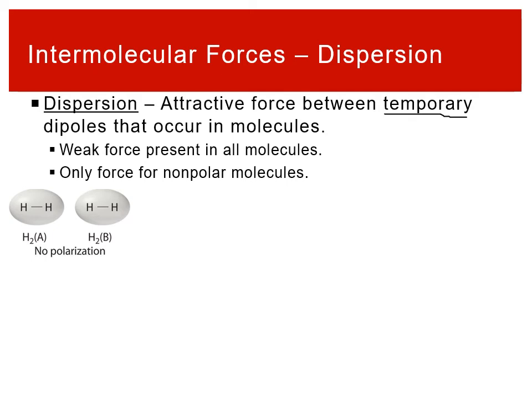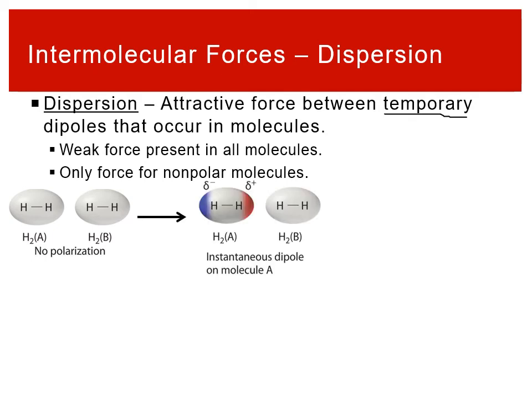But the molecules around one of the molecules can undergo what's called polarization. They form an instantaneous dipole. If you think about that word, in an instant, they form a dipole. This is because electrons are freely moving around a molecule, and normally they're equally distributed, but you got a traffic jam. There's more electrons over here.